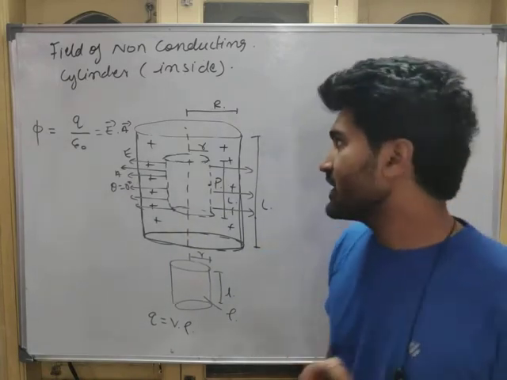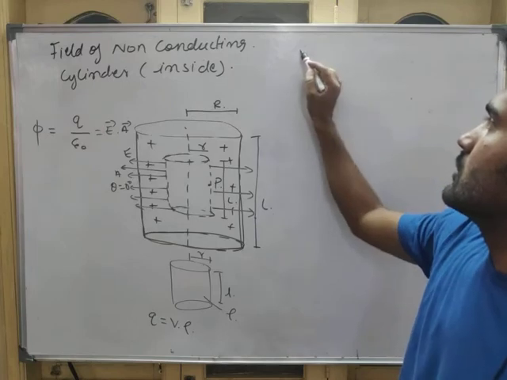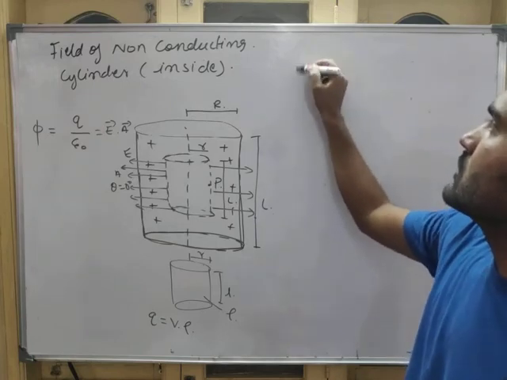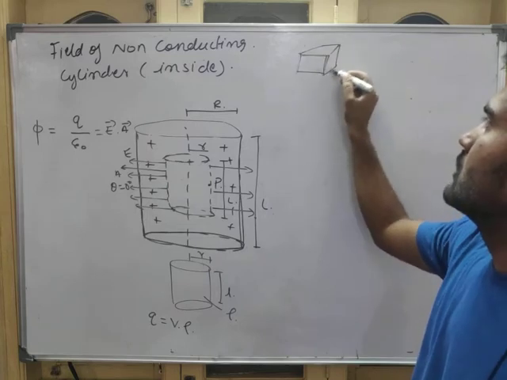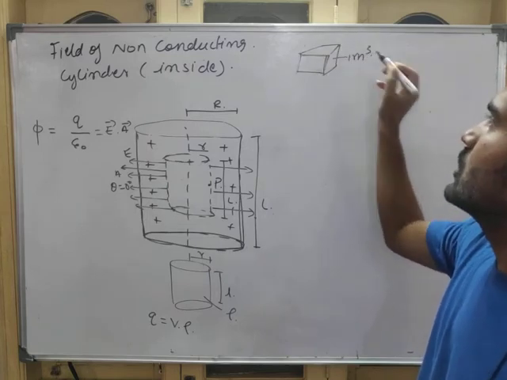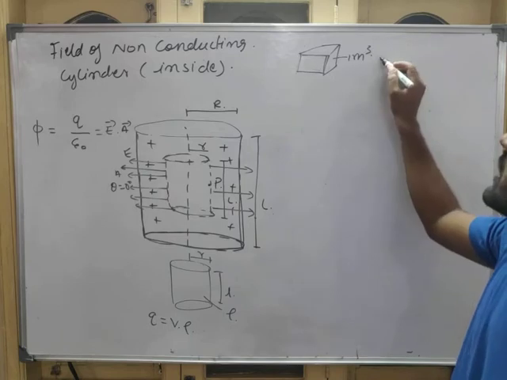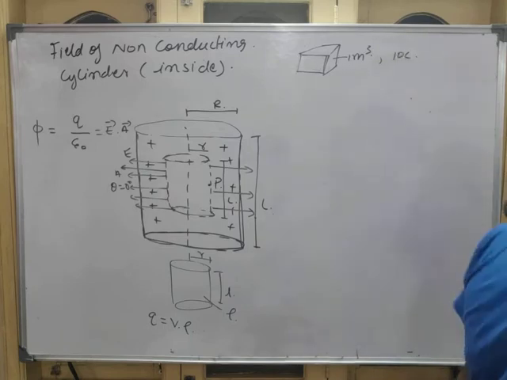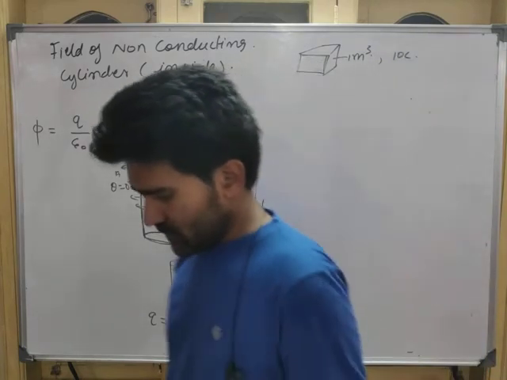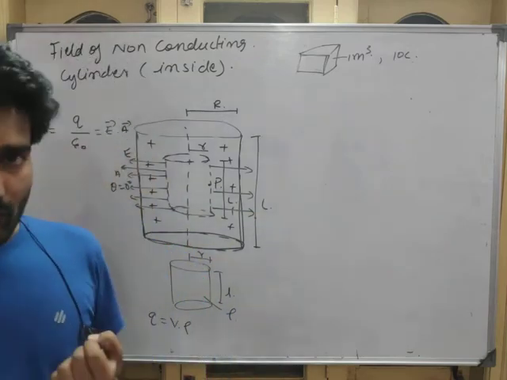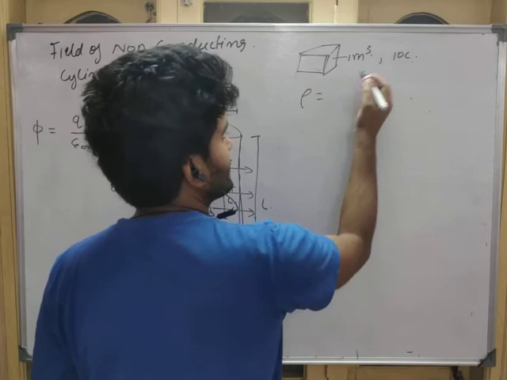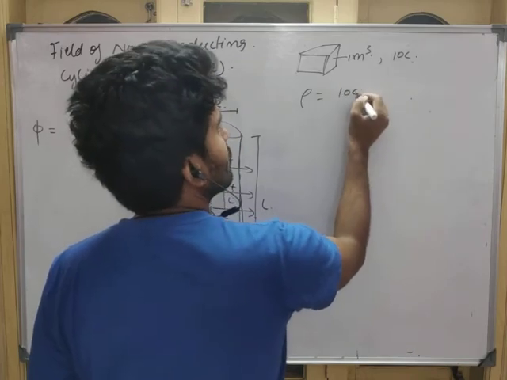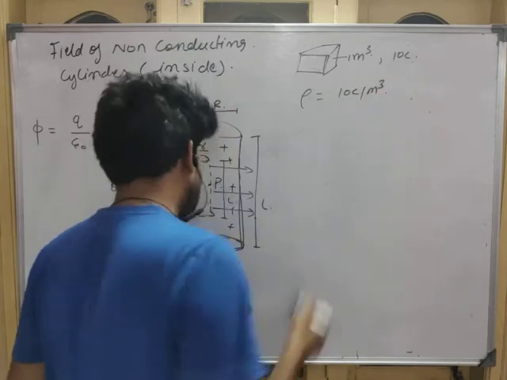Means if I say I have 1 meter cube of volume, and the charge of this particular cube is 10 coulombs, so I will say the volumetric charge density of this cube is 10 coulomb per meter cube.